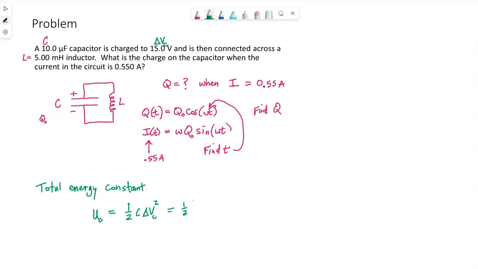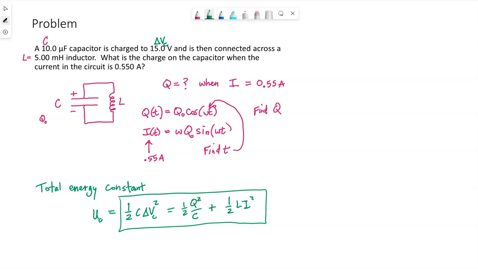So 1/2 Q squared over C is the way I want to write the energy on the capacitor because I'm looking for Q. And there's some energy stored in the inductor at this moment in time because there's some current. Conservation of energy is my gut approach to this problem because I know energy has to stay constant in this circuit when there's no resistor, and I like energy.